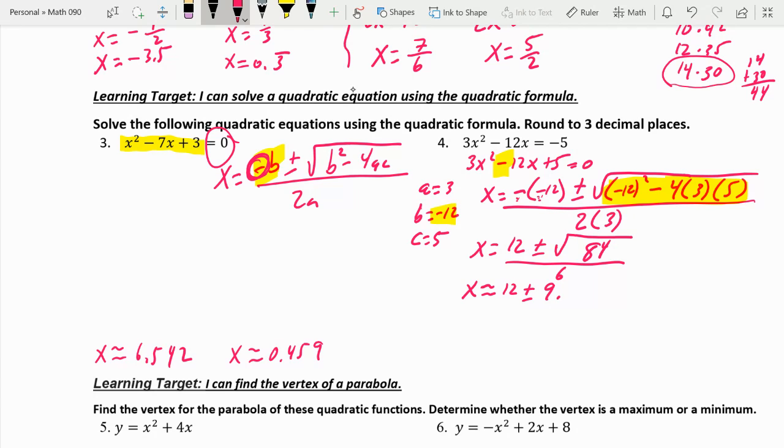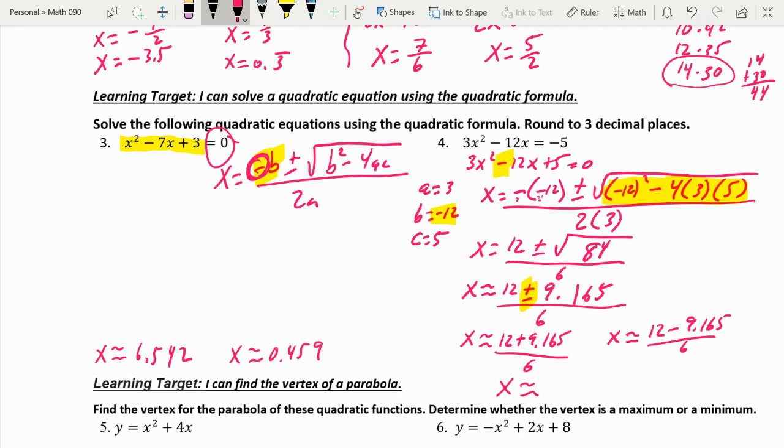All right. So it ends up being 9.165 all over 6. Now, when you do this, remember you have two answers, plus or minus. So we're going to have x is approximately equal to 12 plus 9.165 over 6, and then x is approximately equal to 12 minus 9.165 all over 6.